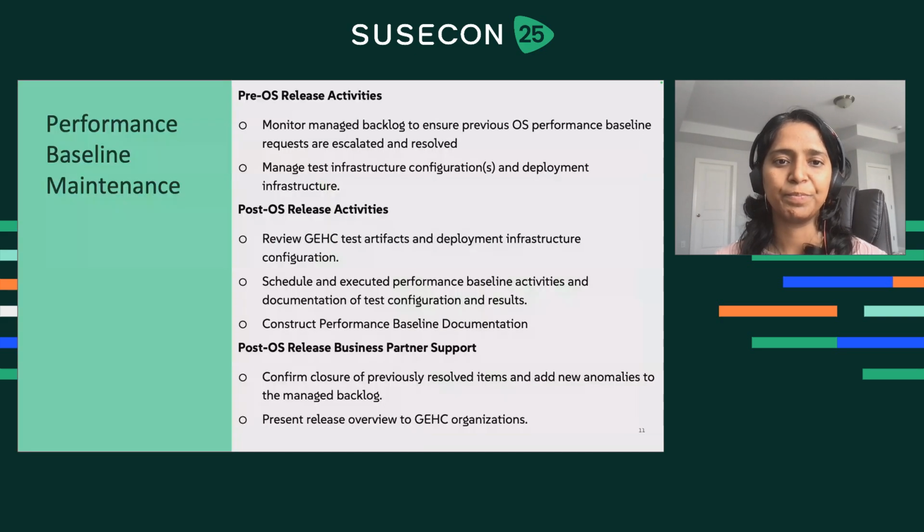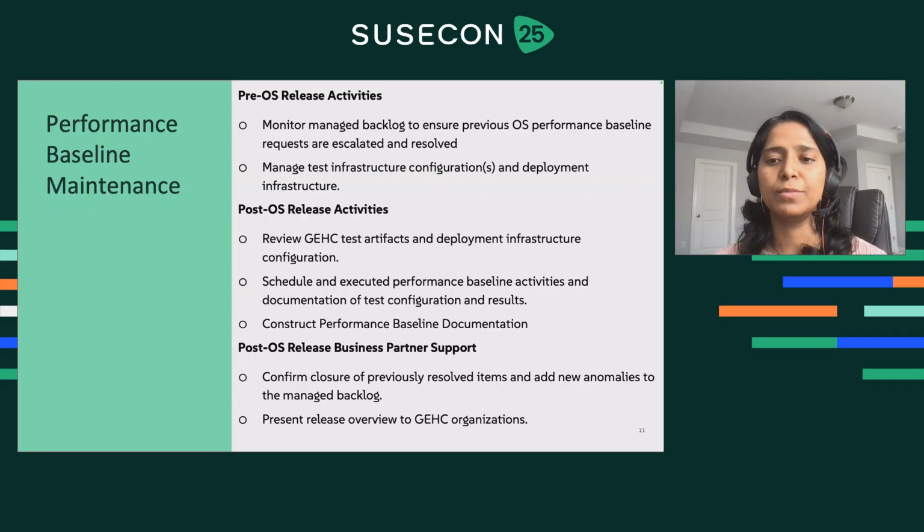future releases. After establishing the process for performance baselining, we started a collaborative effort with SUSE to formalize the performance baseline maintenance procedure. This involved creating clear and detailed instructions for activities to be performed both before and after OS releases.